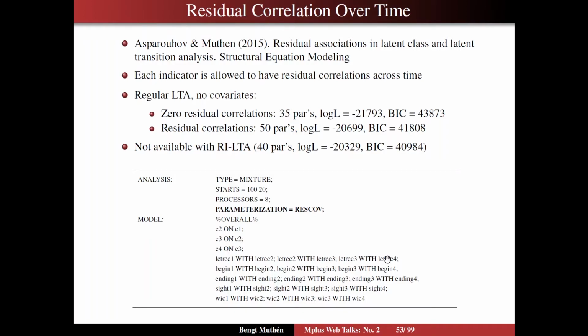So those are the 3 extra correlations or associations for item number 1, and then you do that for all 5 items, and that's it. So that's an easy way to check it out. This is also possible, of course, with continuous outcomes, where you just use no special parameterization, but just use the WITH statements.